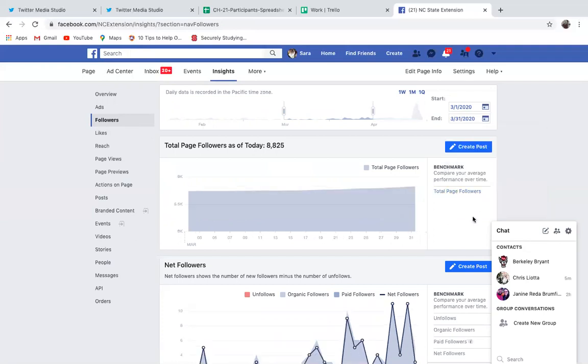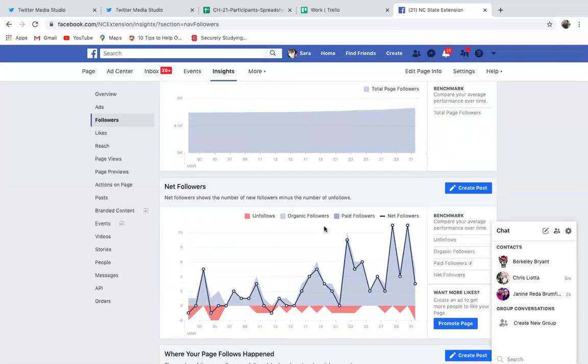And so from here, I can see how many page followers I currently have, which is 8,825. And then I can see if there was any like spikes in followers on a certain day. So right now seems to be pretty steady. So we went from 8,737 to 8,825.